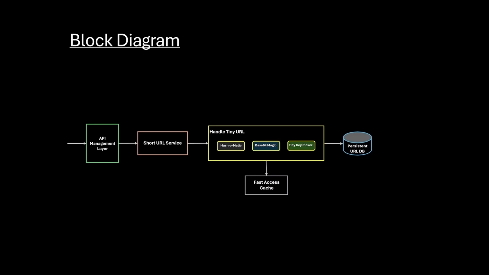That's how we can save a lot of cost and reduce IOPS on the persistent URLDB. Going forward, we'll replace these components with actual Azure services and create the high level architecture using this block diagram.